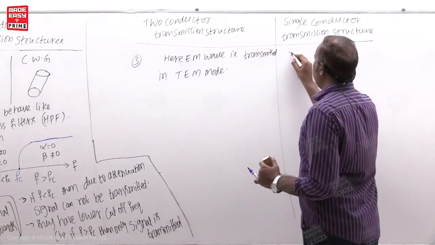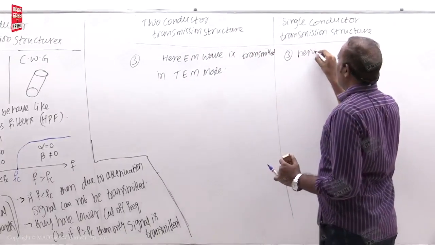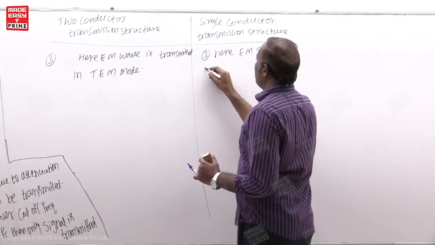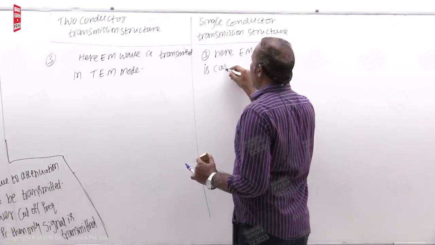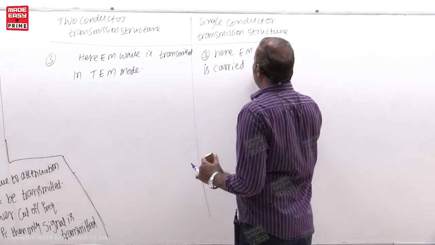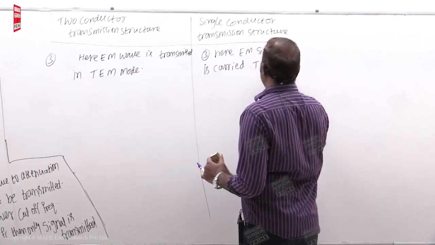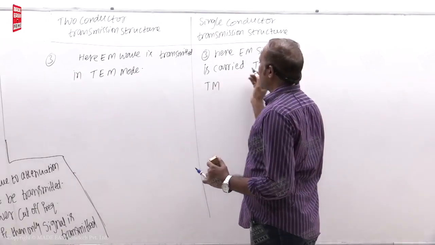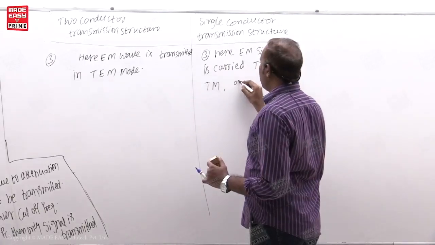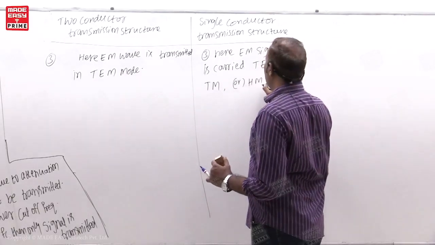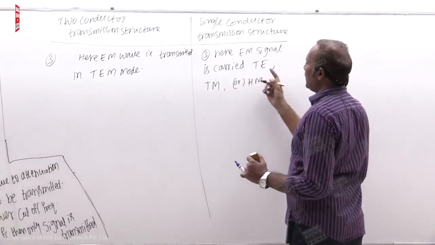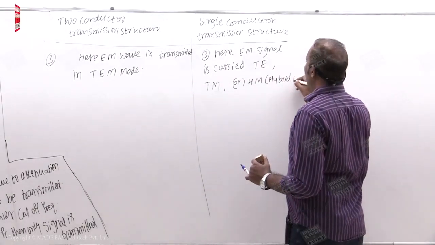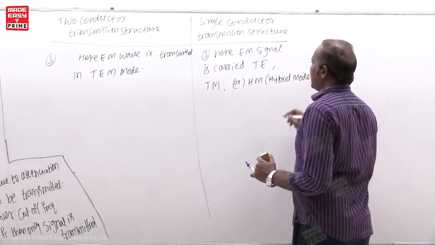Here the EM signal, or otherwise EM wave, is carried in transverse electric TE mode, we are going to study that also, or transverse magnetic TM, or otherwise hybrid mode. That is a combination of TE and TM. So hybrid mode.